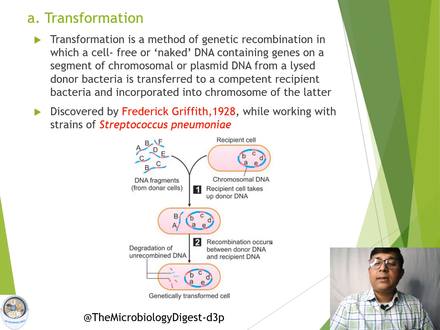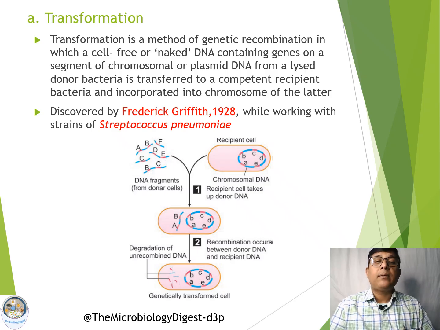Now, first let us discuss the transformation process. Transformation is a method of genetic recombination in which naked DNA or cell-free DNA containing genes on a segment is transferred to a competent recipient bacterium.